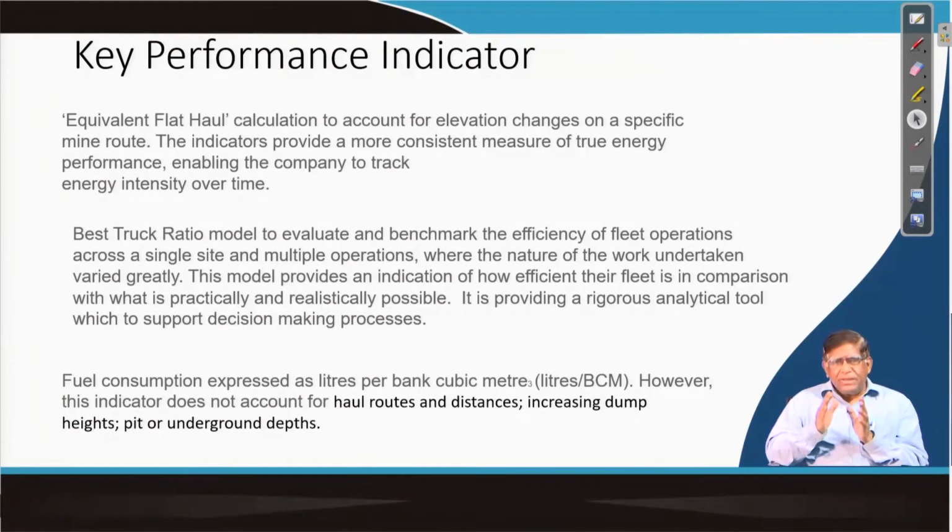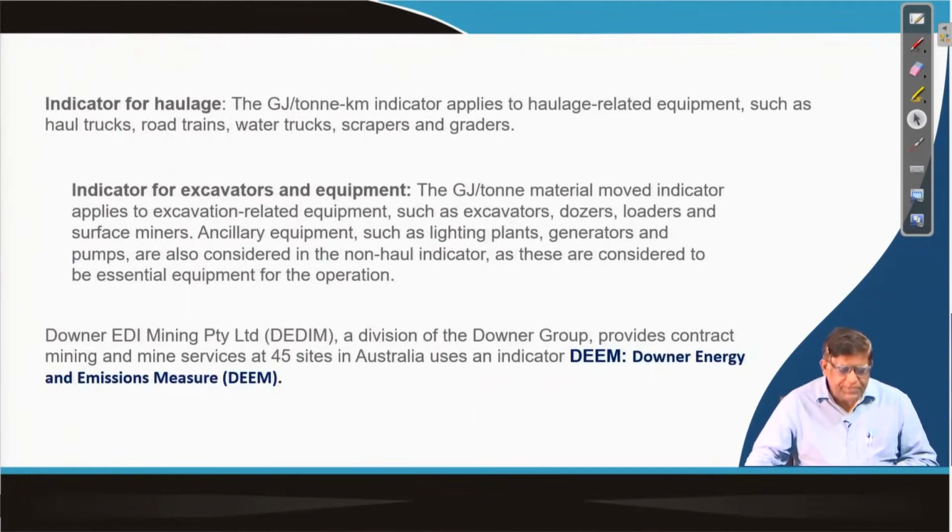That is why, when you take only the liter per BCM, the other operating factors are not revealed. Whenever you are thinking of an indicator, it must give a general representation, because otherwise you cannot compare two situations to decide which needs to be improved.